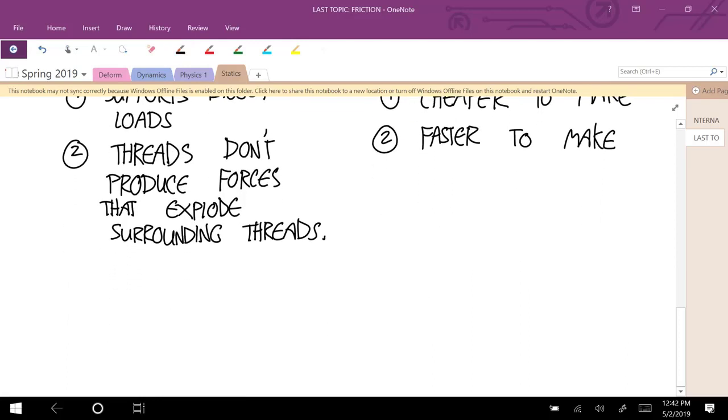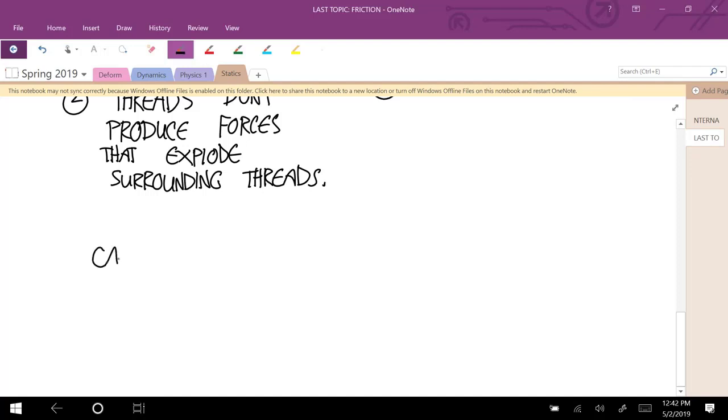Okay. So the calculations for square threaded screws are going to be based on something you did in Calc 1 and may have wondered why. And now we have an application for it.